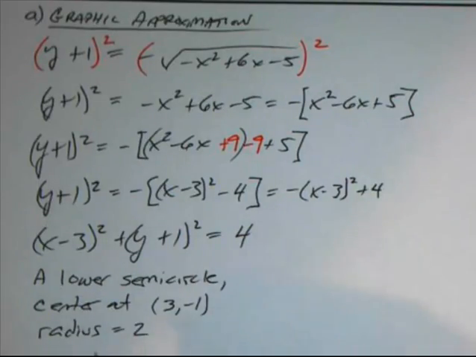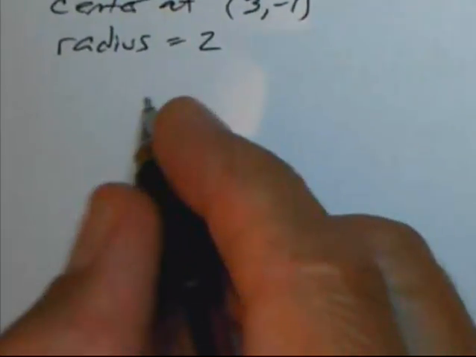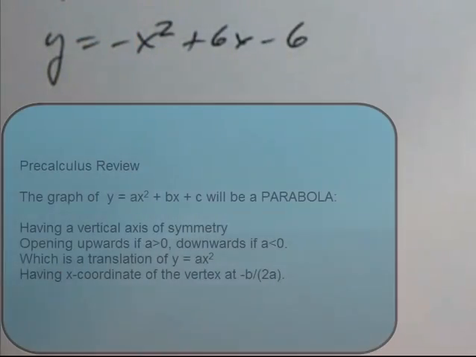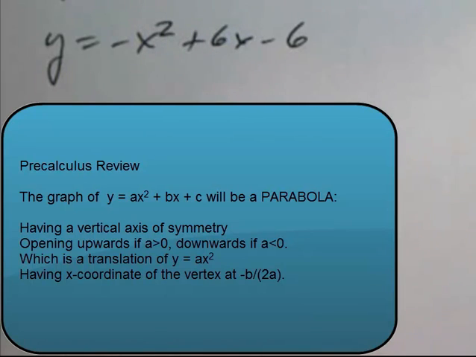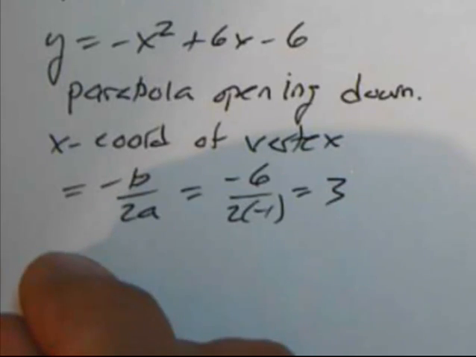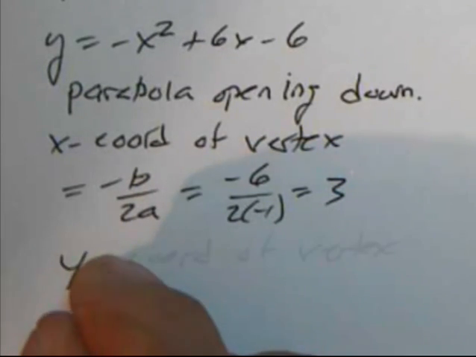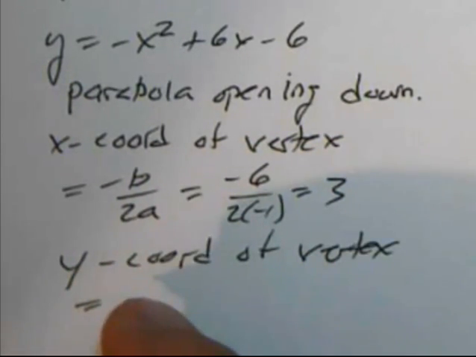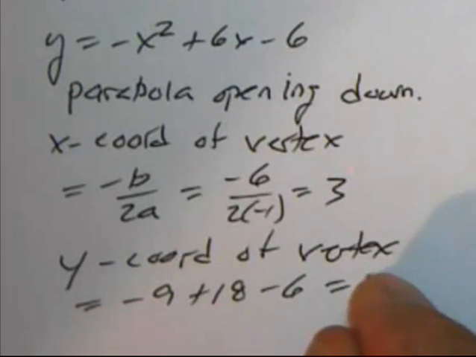Let's go ahead and take on that other function and see what we think about that, rewriting it here. Alright, this is a quadratic function, and of course its graph will be a parabola. It will be a parabola opening downwards, and the x-coordinate of the vertex will be negative b over 2a. The y-coordinate of the vertex, just substituting the 3 in there, 3.